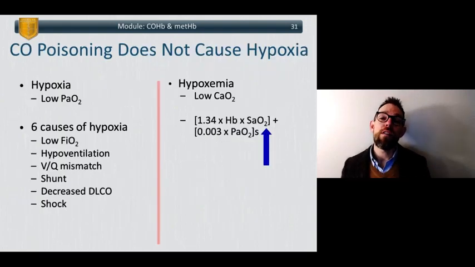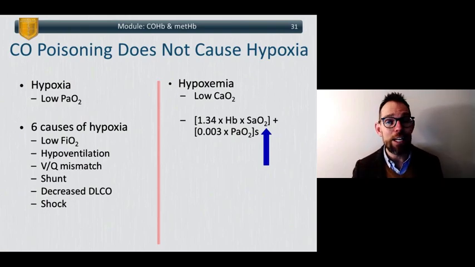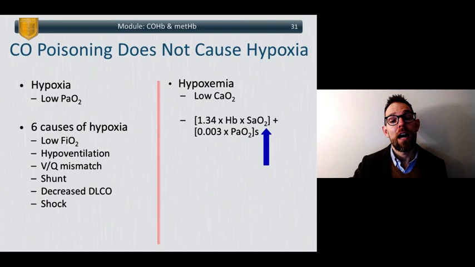The other thing is that carbon monoxide poisoning does not cause hypoxia. We do not see a low PaO2. The strict definition of hypoxia is a low PaO2, and there are 6 causes: low FiO2, hypoventilation, VQ mismatch, shunt, decreased DLCO, and shock.